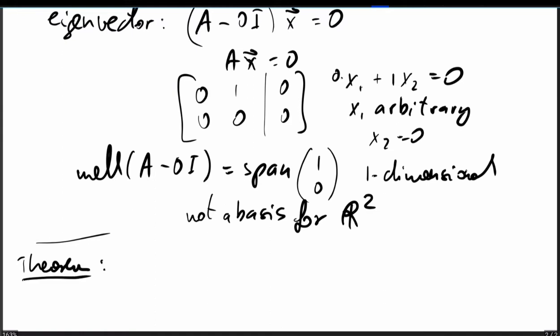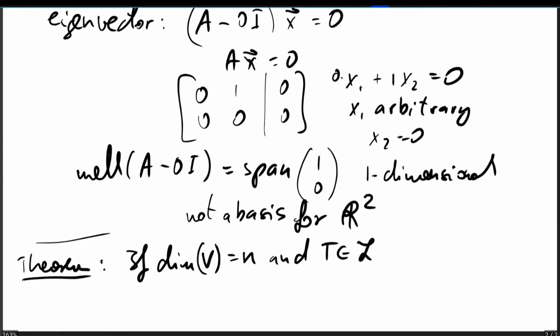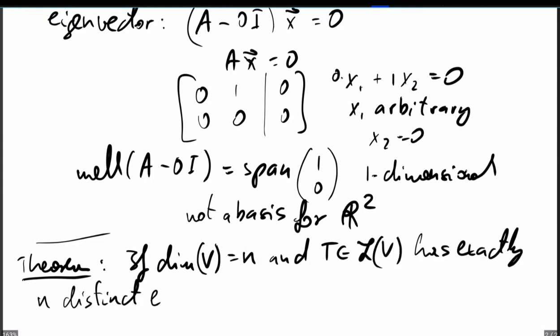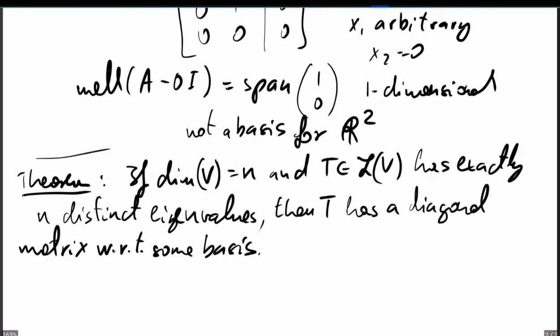Or at least it's half true. So if the dimension of a vector space V is n, and we have a linear operator T on it, and it has exactly n distinct eigenvalues, so all the eigenvalues are different and they don't repeat, then T has a diagonal matrix with respect to some basis. The proof of this is kind of trivial based on the previous explanations.